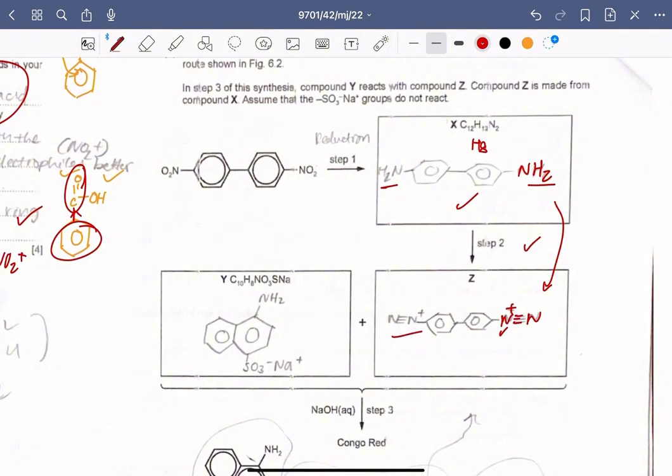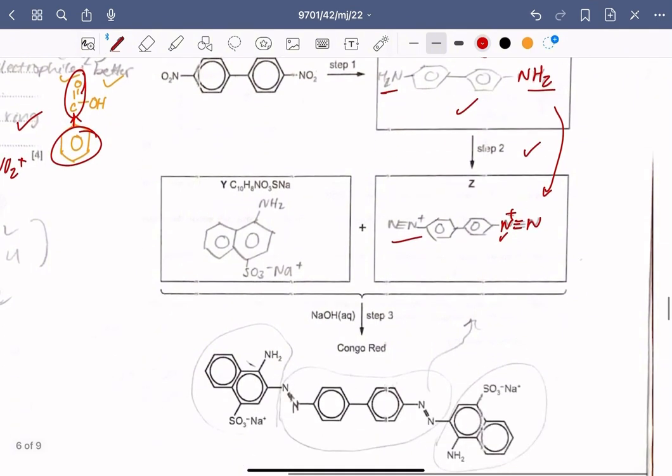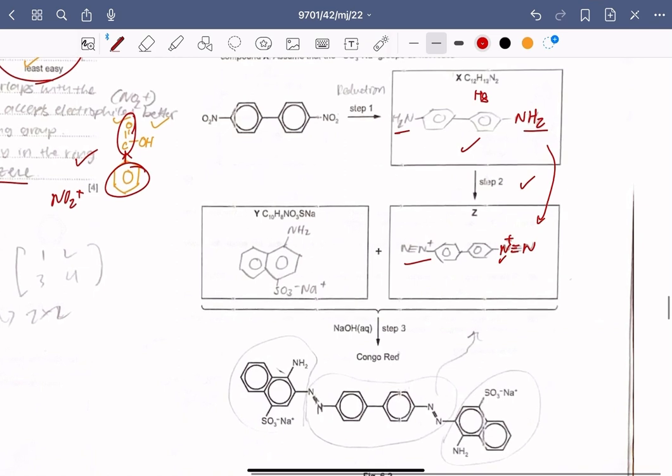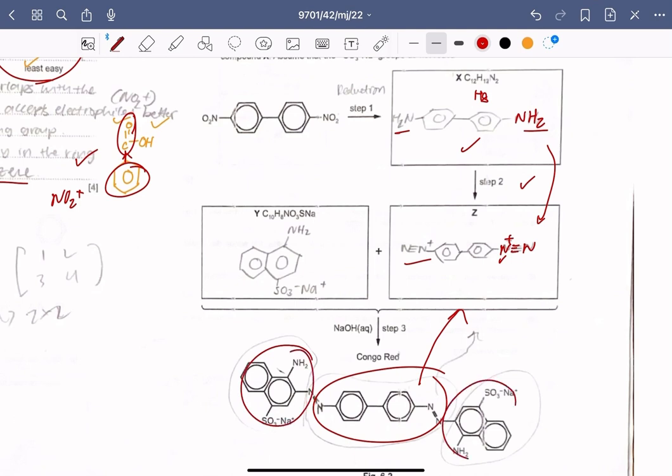And so I know that this is this, and there are 2 compounds of the same. So I need to form, this is equal to this.